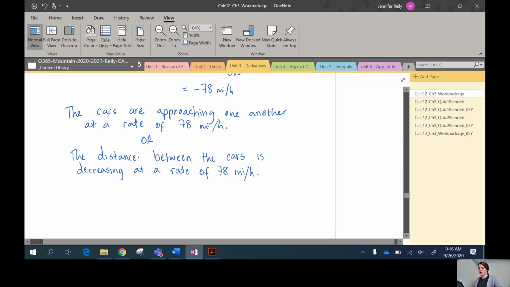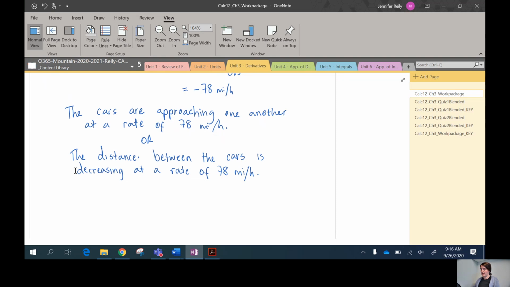Okay, either is fine. And again, you don't have to use the negative sign in your sentence if you imply that. So for example, in the last sentence I wrote there, distance is decreasing at a rate of 78 miles per hour implies that the rate is negative.